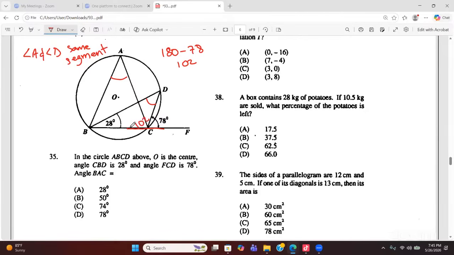Now if I add the 102 to my 28, then I'm going to have 130, which means that the remaining angle here must be 50. Because remember, 180 minus 130 means that remaining angle is 50. And since this is in the same segment, this is 50, so the angle that they asked me for is 50. So again, as you could see, you're dealing with your same segment.